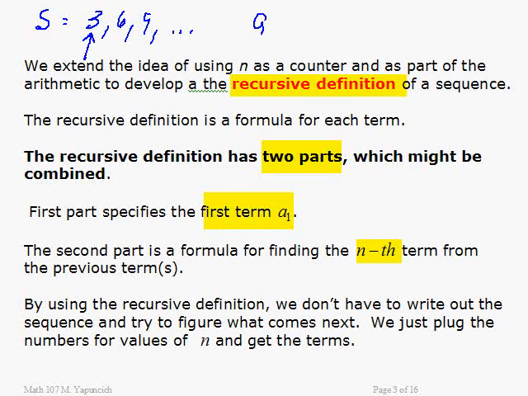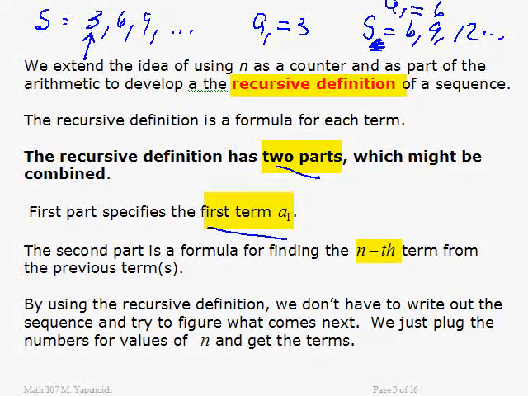So you would have to say A1 equals 3 in your definition to know where to start. You could have something similar, but maybe it starts at 6. Then A1 would have to be 6. So that specifies the first term.